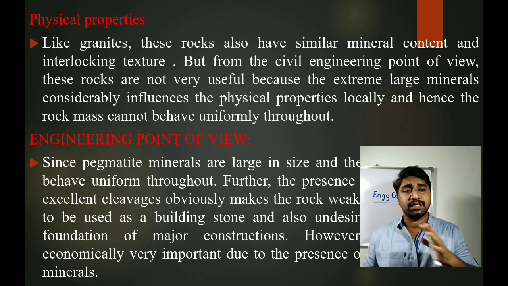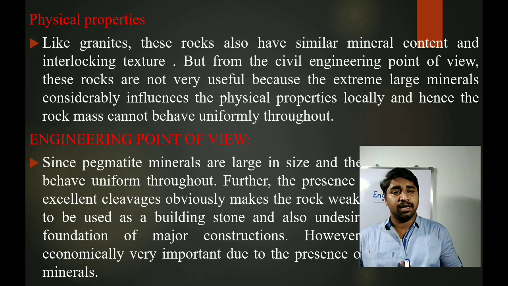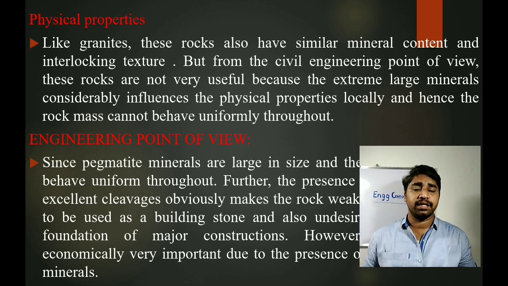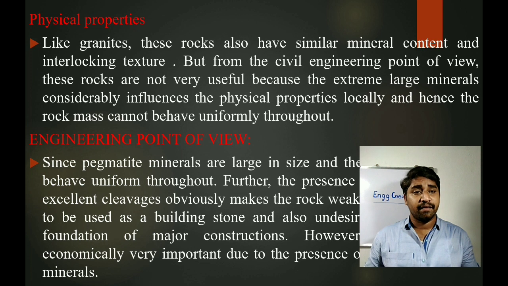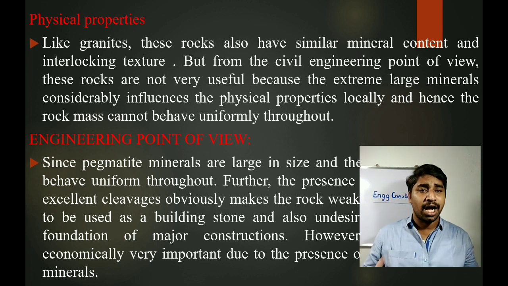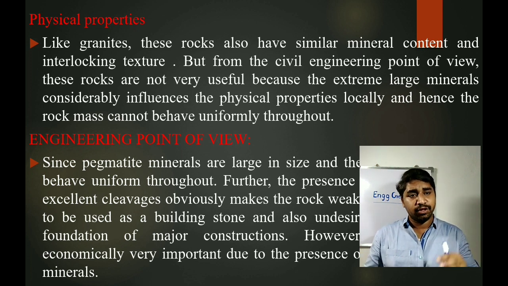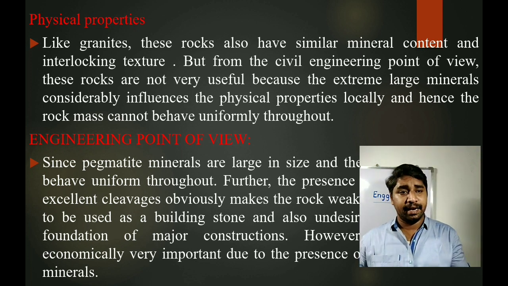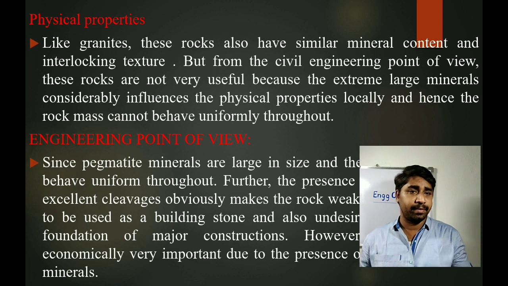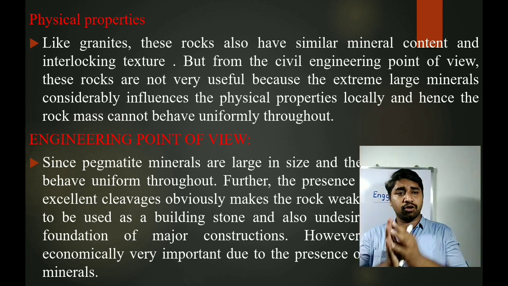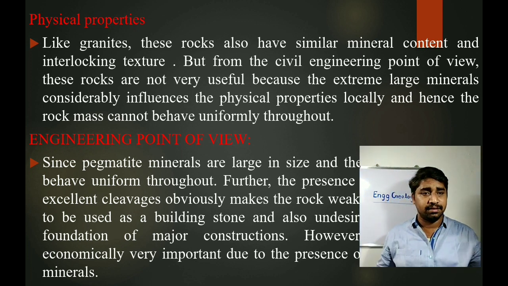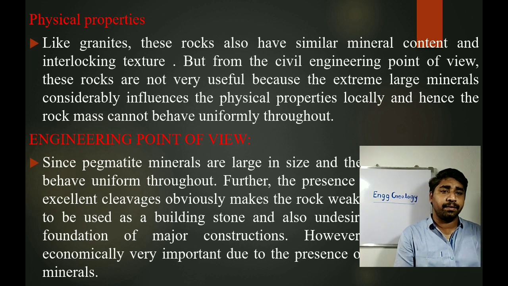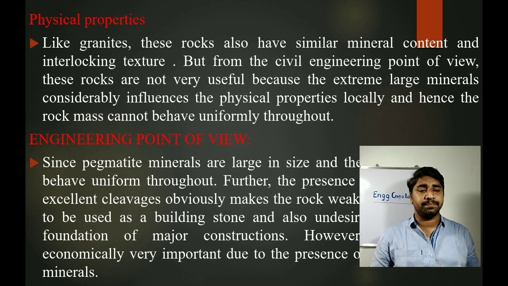Even though they have the same composition as granites, these minerals are available in bulk or large quantity. For example, quartz is one mineral and feldspar is another. Quartz is available over a large area, and similarly feldspar is available over a large area.